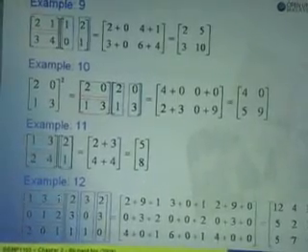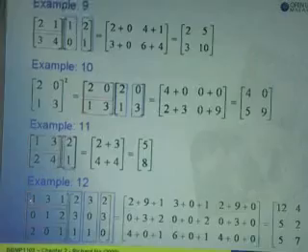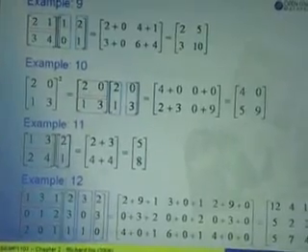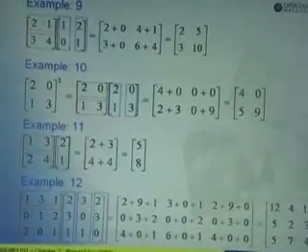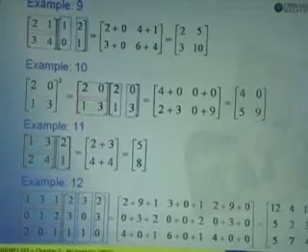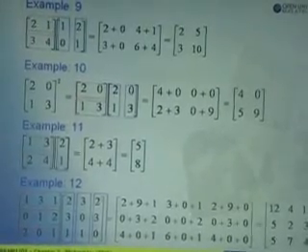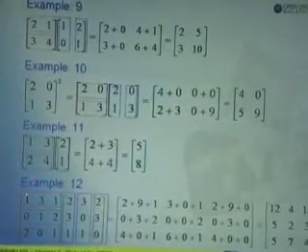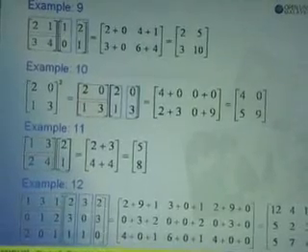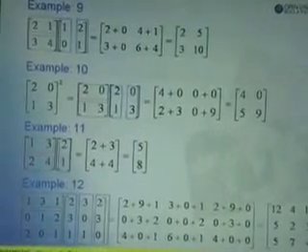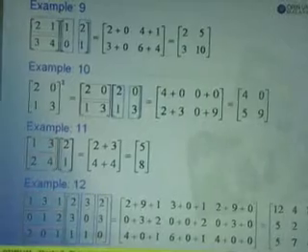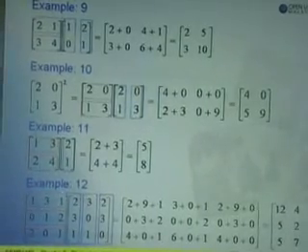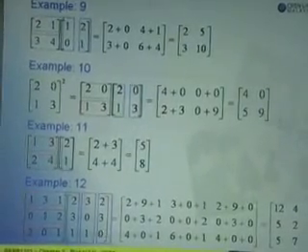Take row 1 multiply column 2. So 1 times 3 equals 3, 3 times 0 equals 0, and 1 times 1 equals 1. Alright, then repeat the same thing with row 1 and column 3. So 1 times 2 equals 2, 3 times 3 equals 9, and 1 times 0 equals 0.